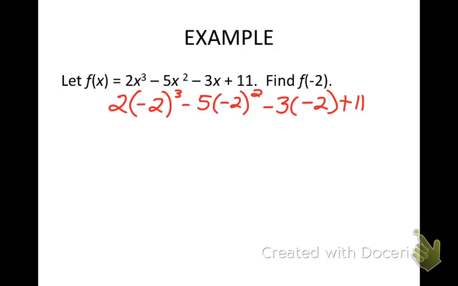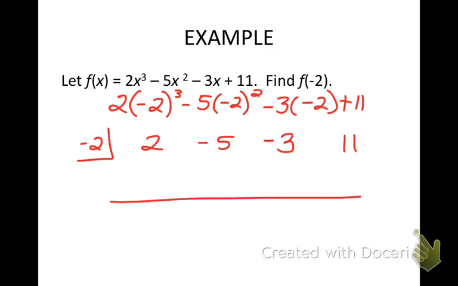So, if I put that negative 2 in place of my half box and do synthetic division on this polynomial, would it need to change over to a positive? Nope, it would not need to change over. So it'd be 2, negative 5, negative 3, and 11. What am I going to bring down? Bringing down that 2. Negative 2 times 2 gets me negative 4.